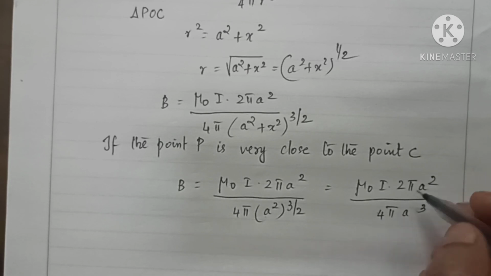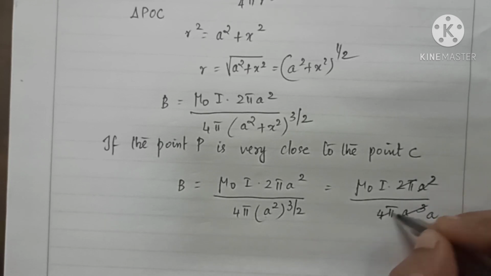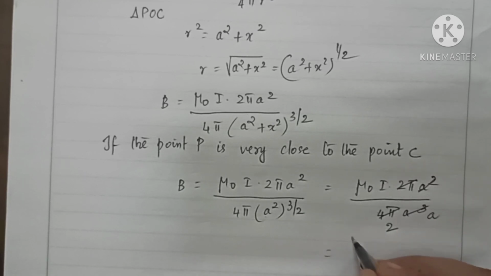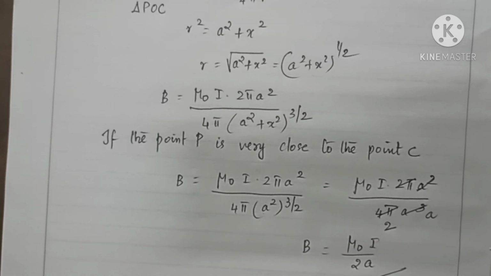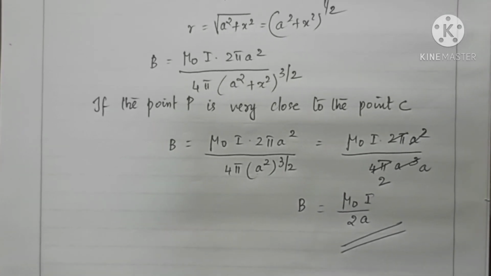Okay, so now you can cancel, that is, here it is a and here it is 2. So mu 0 I by 2a is the answer. Mu 0 I by 2a. So this is the value for magnetic field at the center of a circular coil.